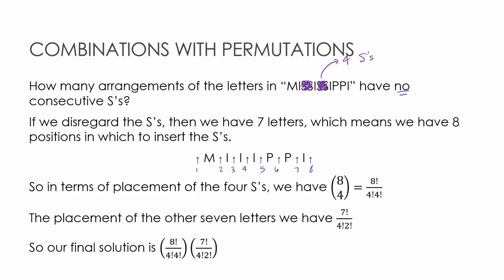So in terms of placement of the 4 S's, I have 8 choose 4, meaning I have 8 positions in which to put an S, and I'm going to use 4 of those positions.